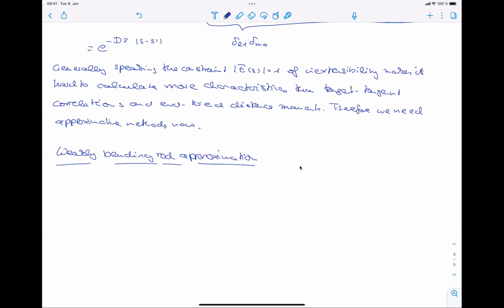What can I do? So the idea is that if I look at a semi-flexible polymer, then it will be wiggling in space, right? But in the end, it's probably more or less stretched out. If the length of the polymer is smaller than the persistence length, it's more or less a rod.